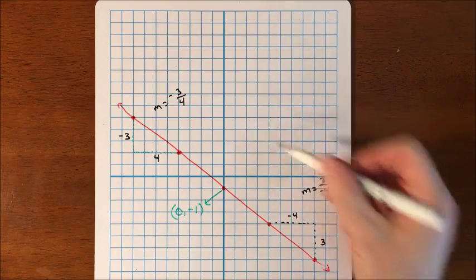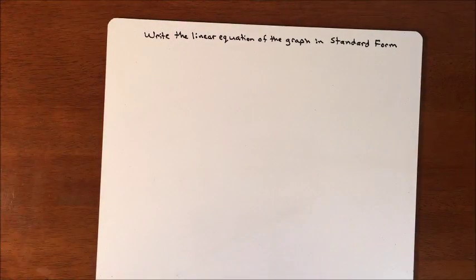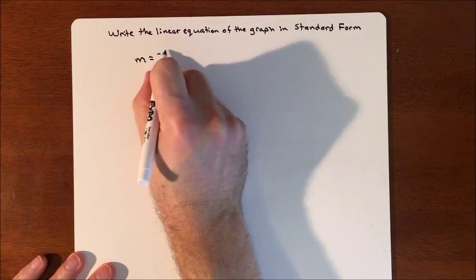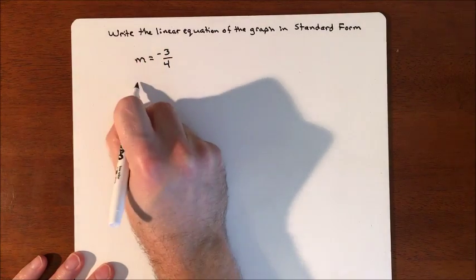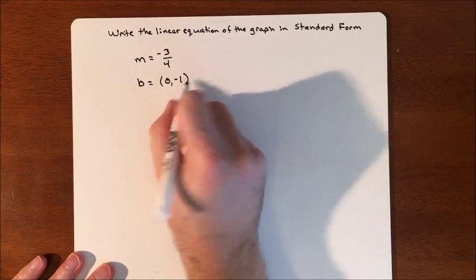Well, regardless, I'm getting the same negative 3/4, and I have a y-intercept of negative 1. So let me pull that information over. And so we have our slope equals negative 3/4. Our y-intercept was (0, -1).